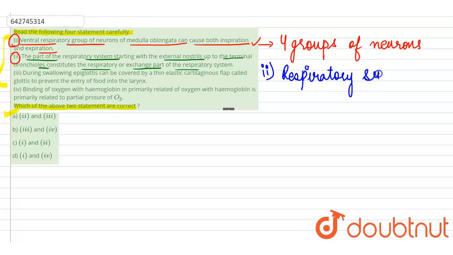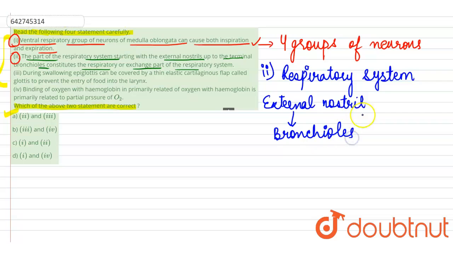External nostrils act as the receptor of the air, and then they lead to the nasal cavity followed by trachea, bronchi, bronchioles. Up till the bronchioles, this part is known as the conducting part because it conducts the passage of air from the outside towards the lungs.